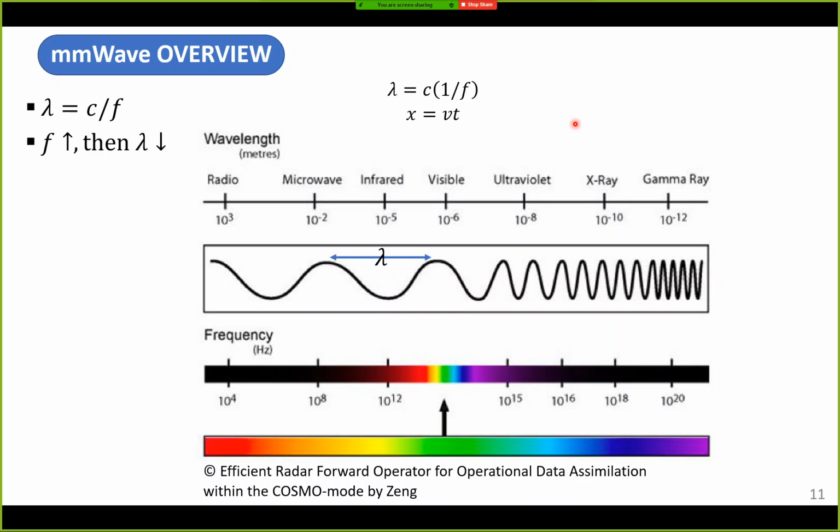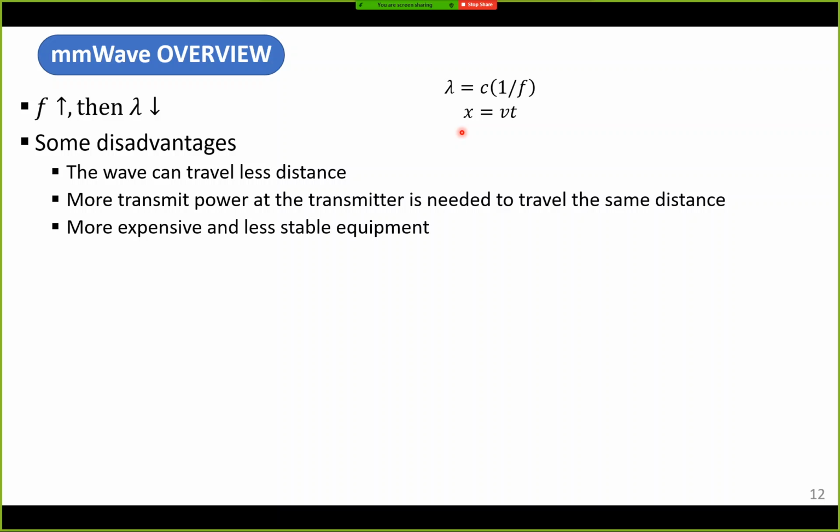It is in fact similar to the x equals vt equation, which is the distance traveled by a car. If we say 1 over f is approximately equal to time, it is like x, distance, equals speed times t. So the higher the frequency, the signal can travel less distance in space.